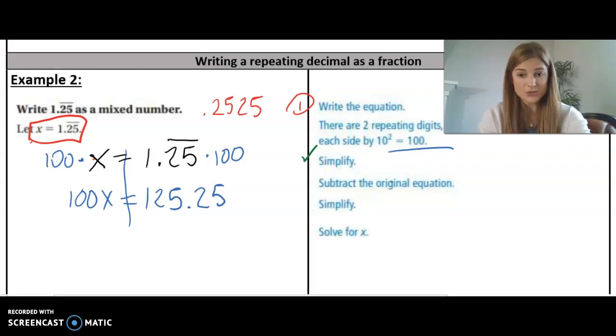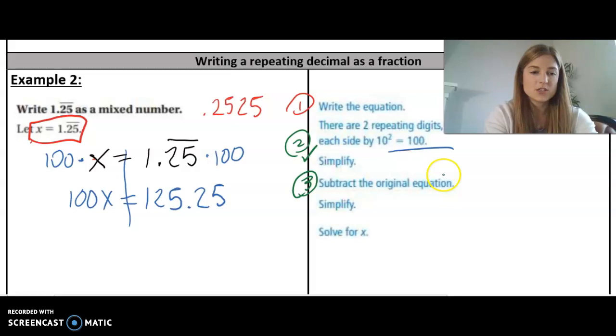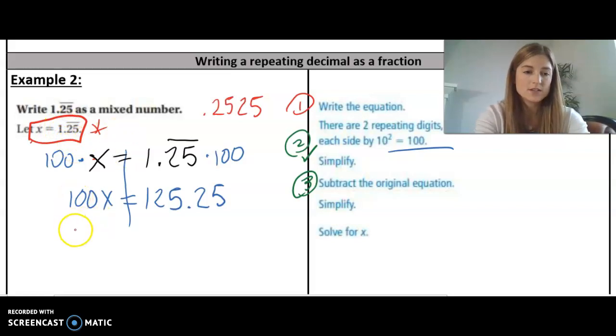And this is what I forget to do sometimes, so make sure you don't make that mistake as well. This is step 3, really. We're going to subtract the original equation, and the original equation was x equals 1.25 repeating. So on my left side, I'm going to subtract an x.